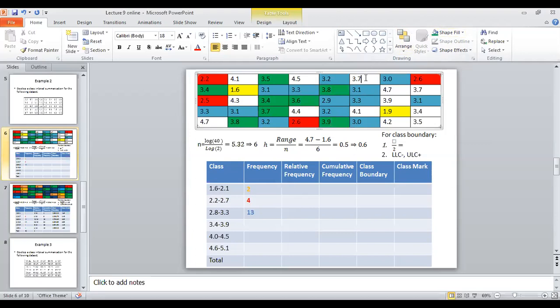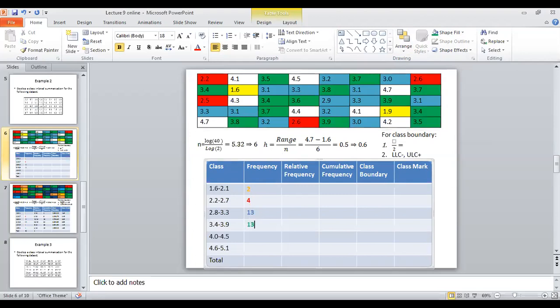We've got just another cell in this, and then 3.9 completely present, and this one, and the last two. So what is the frequency then? We have to count all the green color cells. 1, 2, 3, 4, 5, 6, 7, 8, 9, 10, 11, 12, 13. So again the frequency for this is 13.